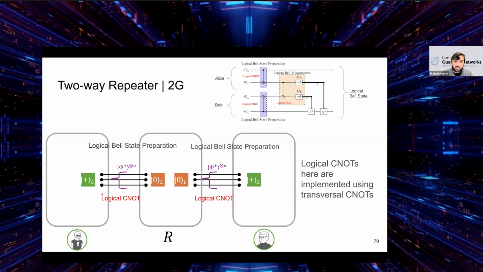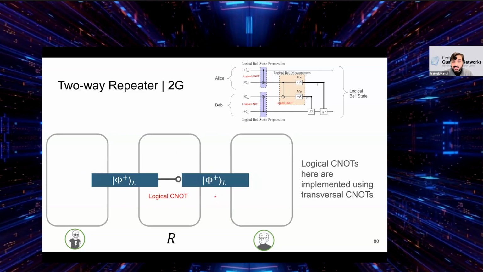So we are using these Bell pairs to mediate a gate operation between these two qubits. So this gate here, the logical CNOT, is being implemented using these Bell pairs as intermediaries, and then we teleport this gate to the state that is held by the repeater. And we do the same thing between repeater and Bob. And once that happens, we have this logical Bell state created between Alice and repeater and Bob.